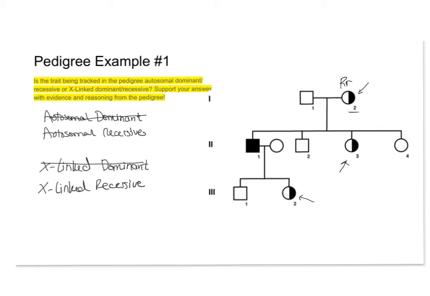And then this individual, number 1, is not marked as a carrier, so we can assume that he is homozygous dominant. Okay, so looking at their offspring, is this possible?